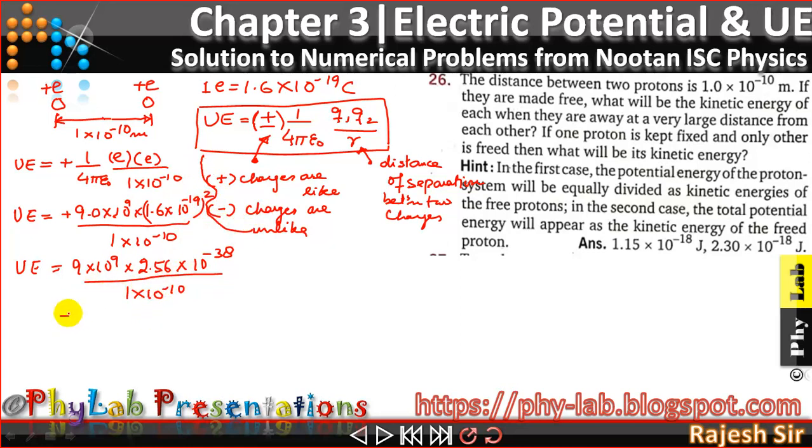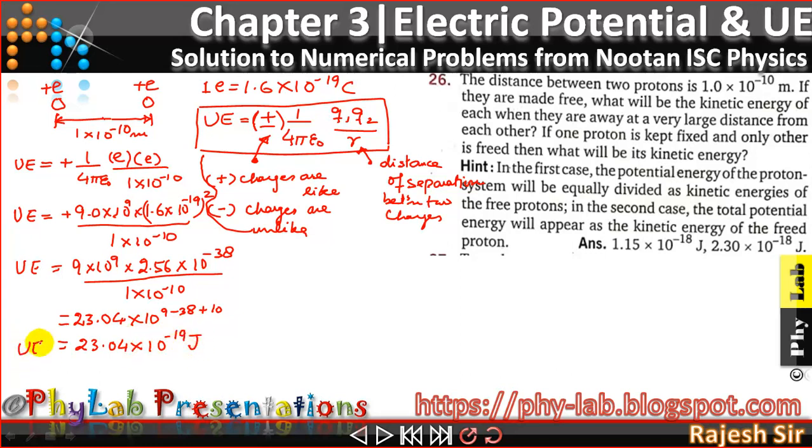Which on solving further, 9 × 2.56 will become 23.04 × 10^(9-38), and the -10 goes on the top, that becomes +10. So on solving, this comes out to be 23.04 × 10^-19 joule.